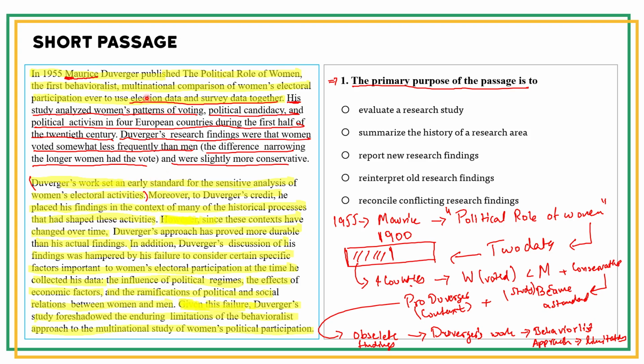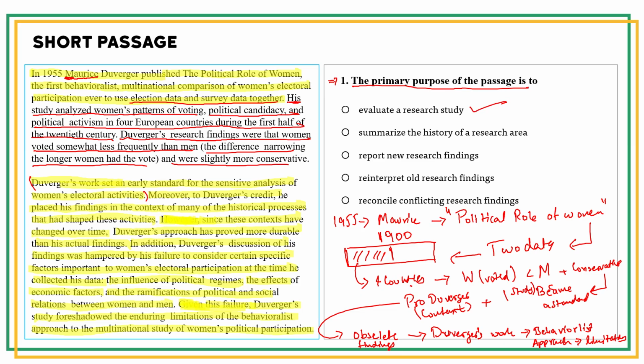So it's all about Duverger's studies, and Duverger's work set an early standard for such an analysis. And moreover, to his credit, he contextualized a lot of his findings, but then he had some flaws in his findings as well. Given those flaws, his study foreshadowed the enduring limitations of the behaviorist approach. So that to me is clearly an evaluation of a research study.